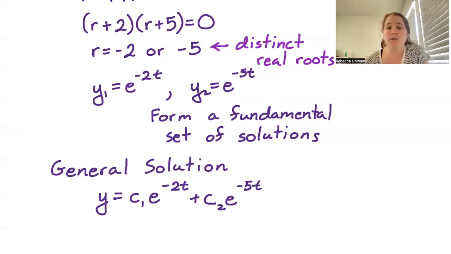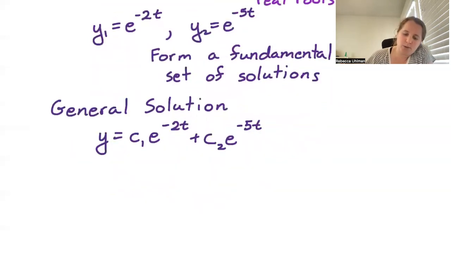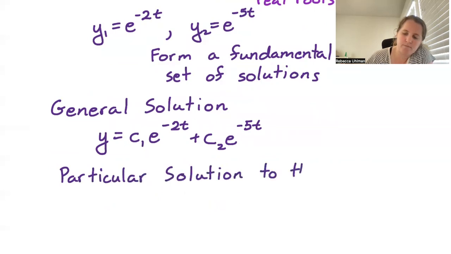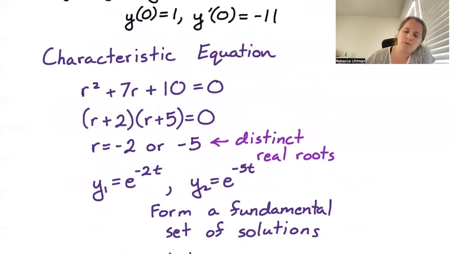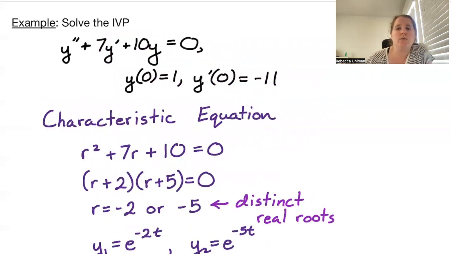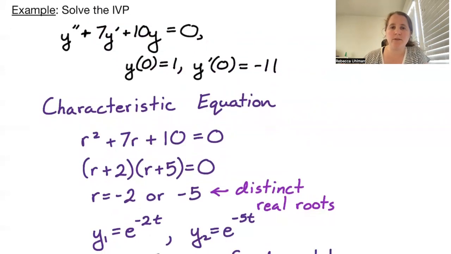It does not matter which of these you pick as your y1 and y2. c1 and c2 can be swapped as we choose. They're both just constants. To find our particular solution to the IVP, we were told that y of 0 was equal to 1 and y prime of 0 was -11.